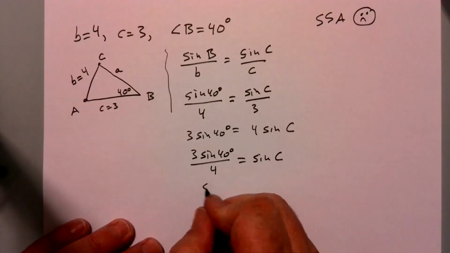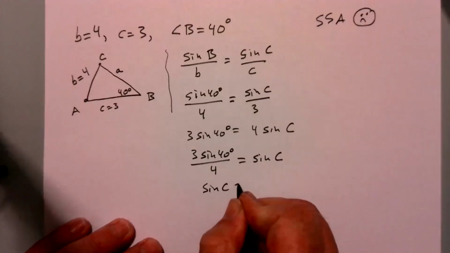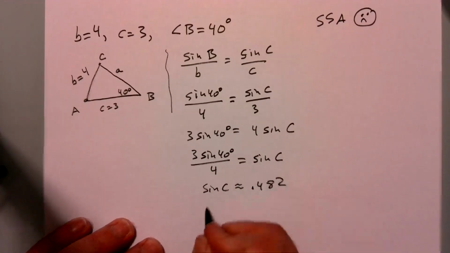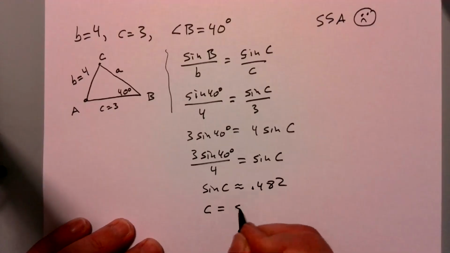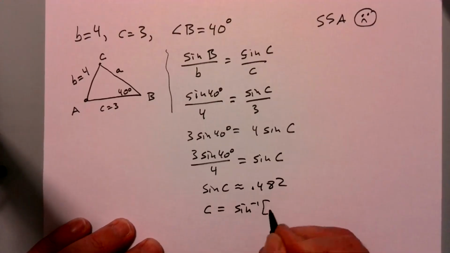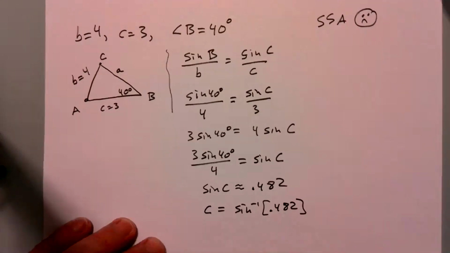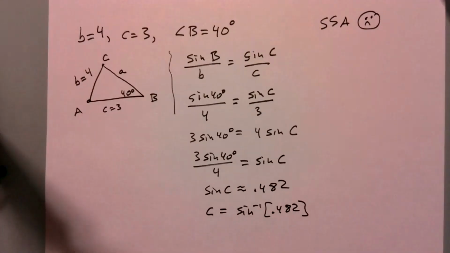So sine C is about 0.482, which means C would be the inverse sine of about 0.482, maybe. So what is the inverse sine of my previous answer? I get 28.8 degrees.